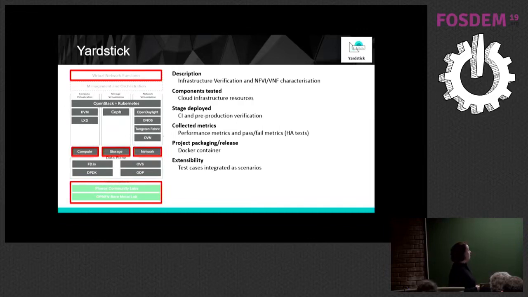And we do collect performance metrics using Yardstick, and there's also the ability to use something like collectd or Barometer, which is OPNFV's extensions, to collect NFVI metrics while you're actually doing testing on different parts of your system.